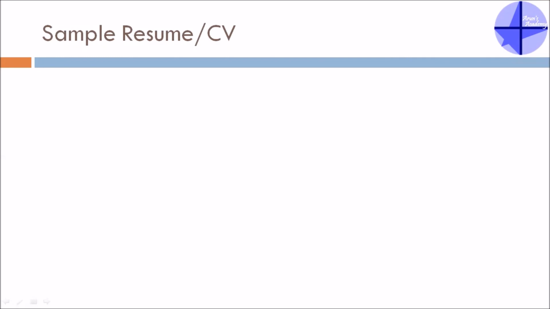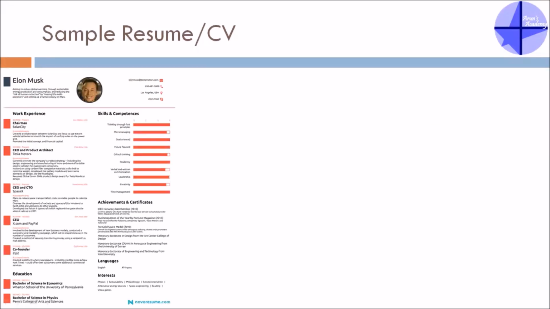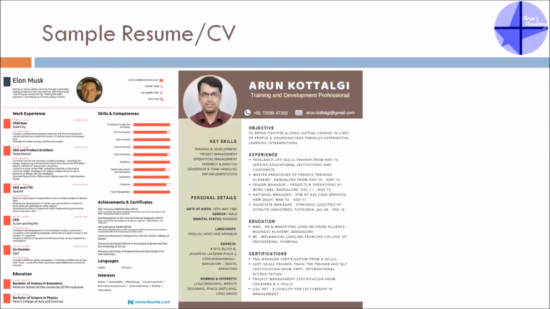Let us now have a look at some sample resumes and CVs. This is the resume of Elon Musk, CEO of Tesla Motors. As you can see, all the information discussed in the last section is put in a single page. Graphics and icons are used to make it look better and to also save space. The second example is that of Arun Kotalgi, founder of Arun's Academy.